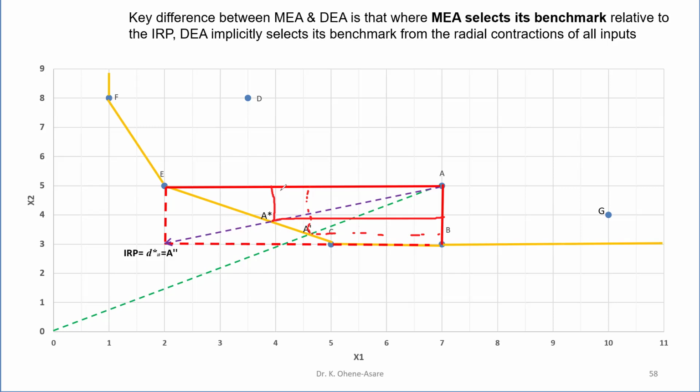Why is it excesses? Because the guy is here, and ideally, he should have been at A star here. So he is using too many of this gap. X1 is using 4 to 5 to 6 to 7. How many units more? 3 units more.